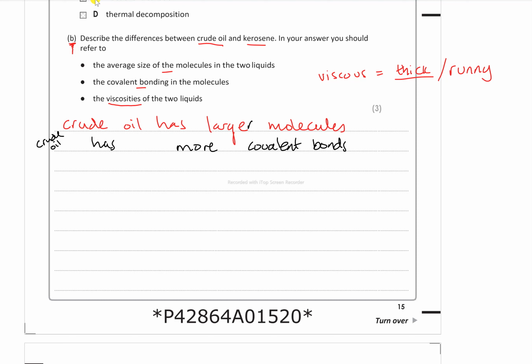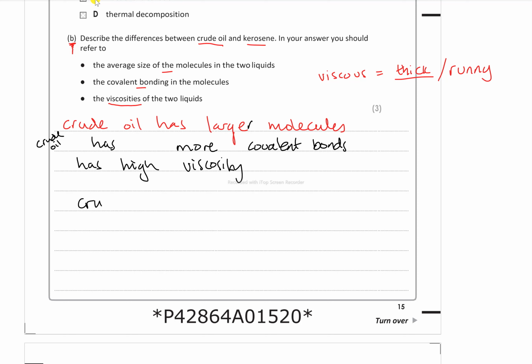Crude oil has higher viscosity. It'll be really thick and not runny. Whilst the further up you get, the smaller they get, the less viscous they become, and then eventually become gases at room temperature. With this sort of question, just add a few other facts.